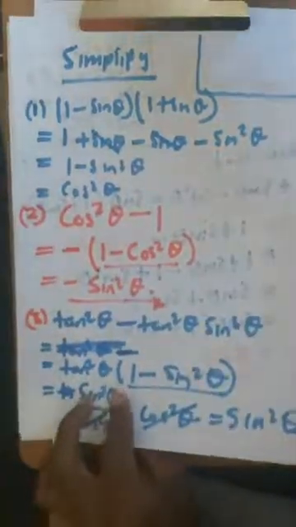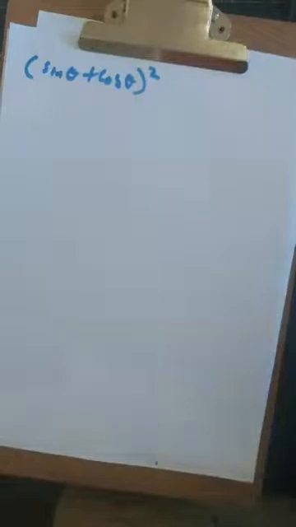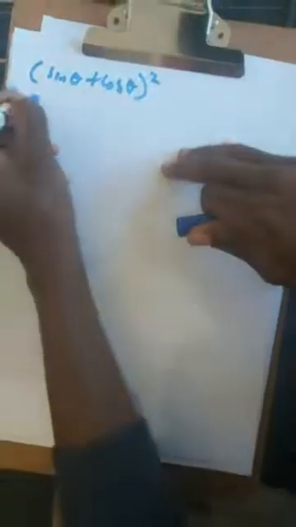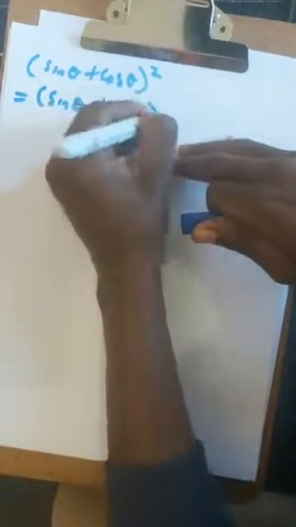Okay, let me do the last one. We are just simplifying these things. So let's say we have sine of theta plus cos of theta, all squared. You don't just square the sine and square the cos, but write two brackets: sine theta plus cos of theta, times sine of theta plus cos of theta.